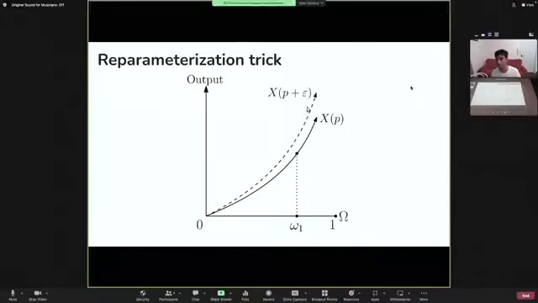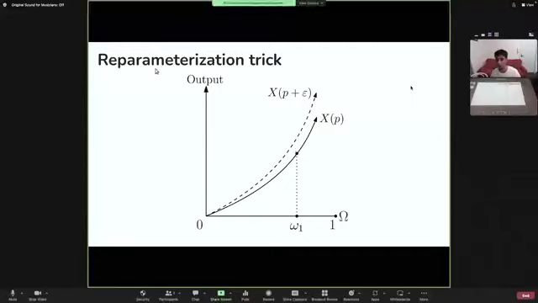The point is that x of p plus epsilon, for instance, is jointly distributed with x of p. If we were to pick this omega 1 on the real line, then our sample from x of p would be this. I hope you can see my mouse. And our sample from x of p plus epsilon would be this. Their difference would be our sample from dx of epsilon, which, as you can see, is getting smaller as epsilon gets smaller.